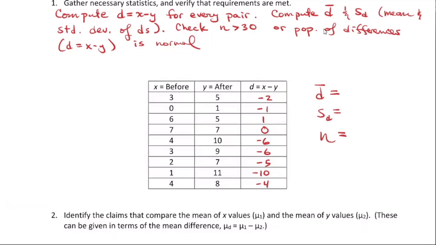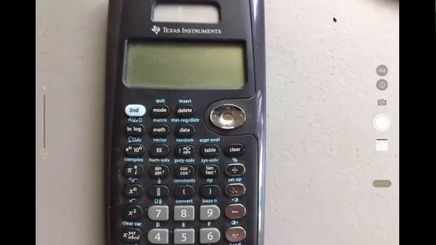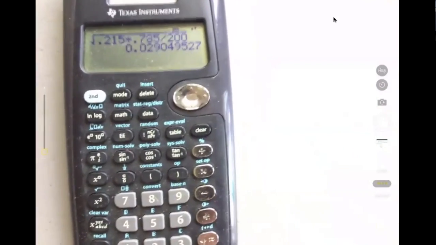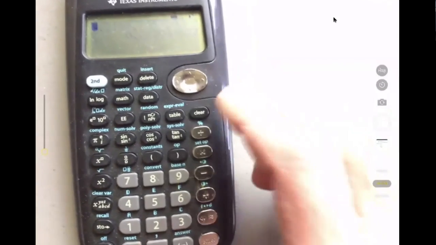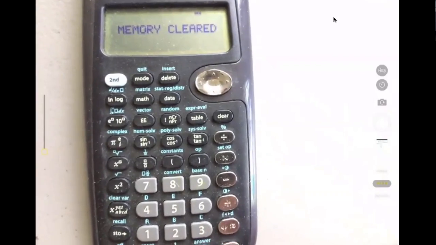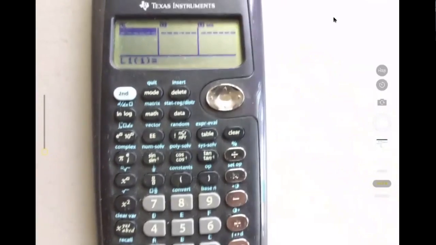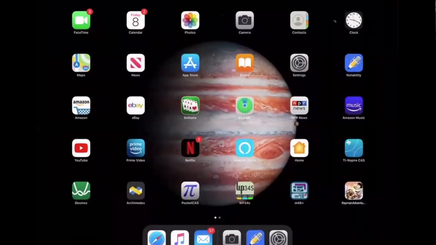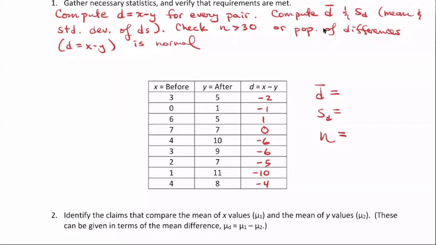We've done this lots of times, so I'm not going to go through steps. So I'm doing an on clear and then data, and then I have to type in all the D's. So excuse me while I go to that. Don't forget the negative button is below the 3. It's not the subtraction button.